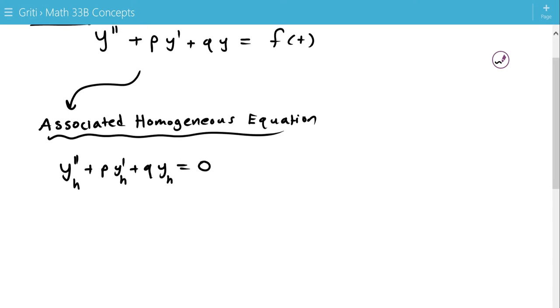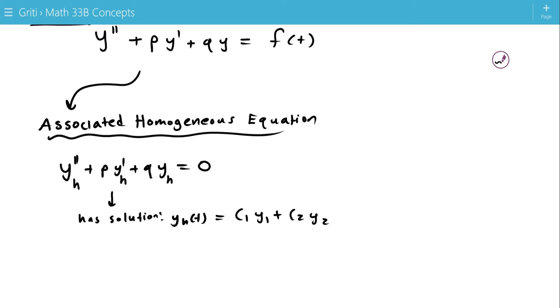So this has the solution yh of t. So our yh of t is just going to be C1 y1 plus C2 y2, where y1 and y2 are part of the fundamental solution set.